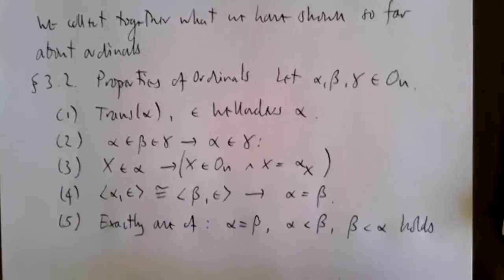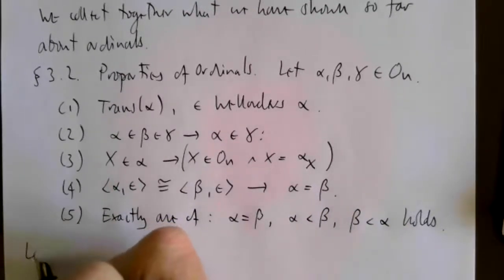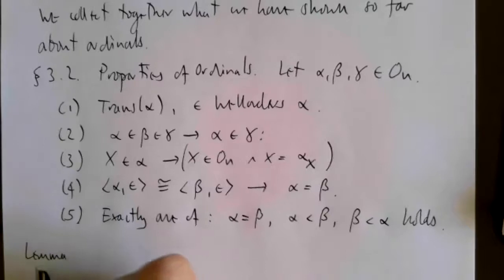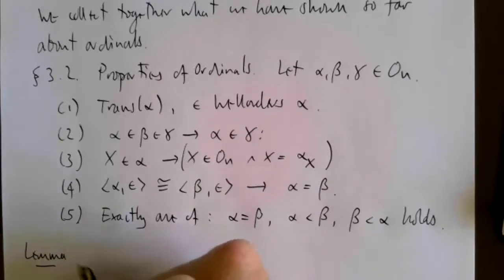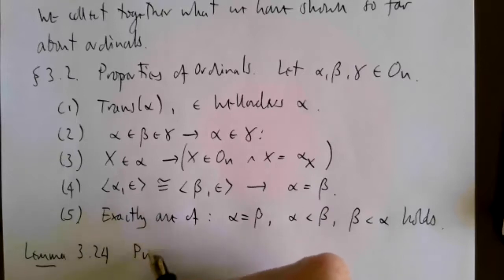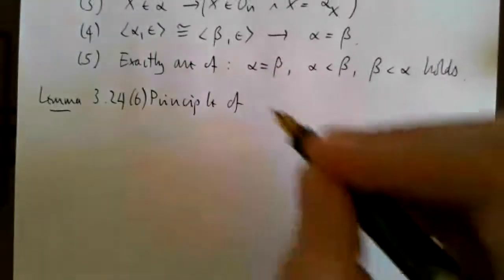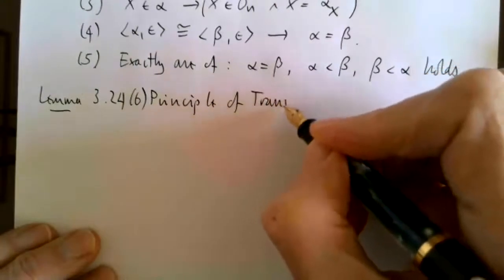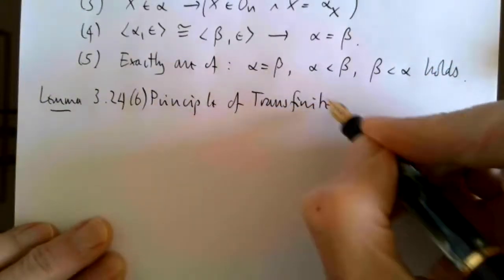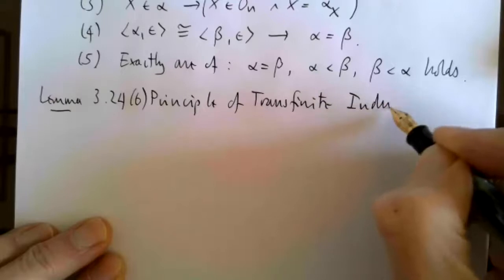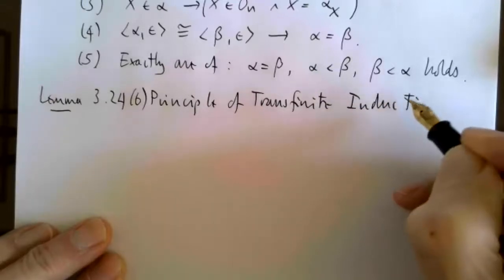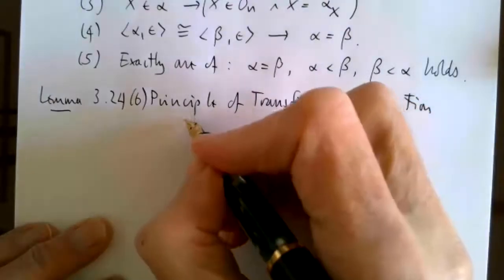The sixth property is something yet to prove, is principle of transfinite induction for ordinals. So this is number 6 on the list. For ON.